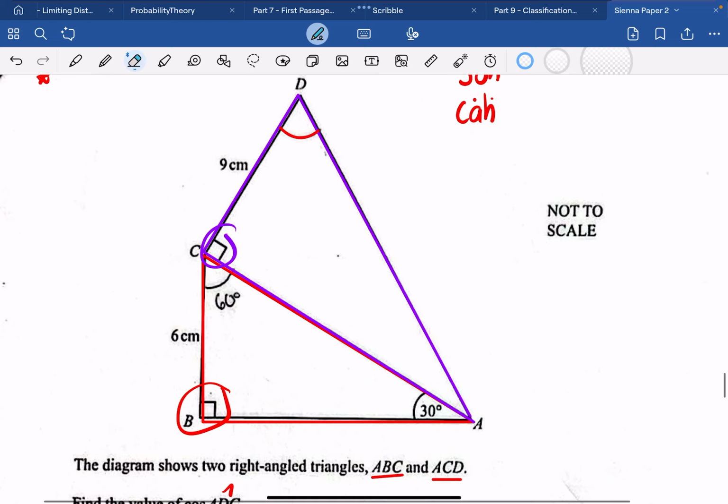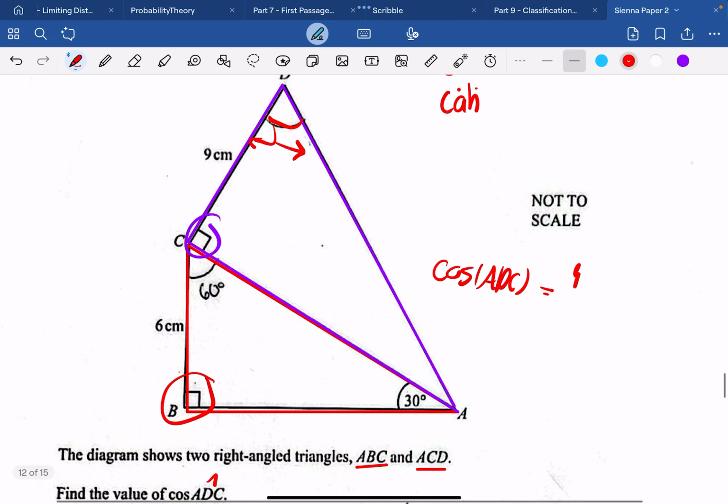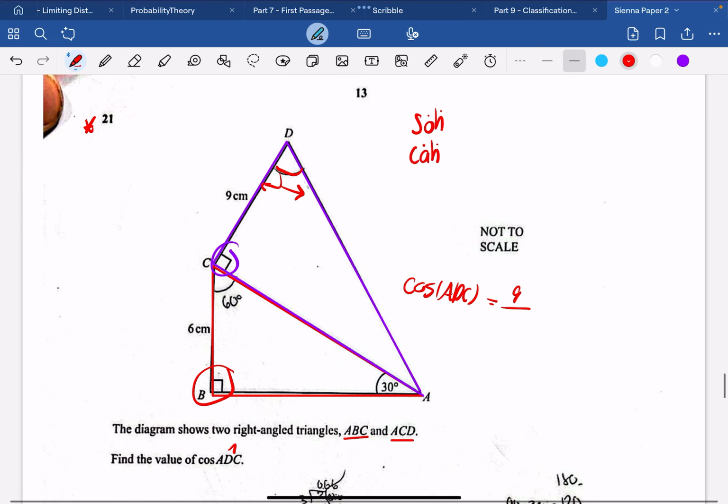So adjacent over hypotenuse, right? So we know cos ADC is equal to 9, because that's our adjacent, over our hypotenuse, which is length AD. But we don't know what length AD is. So that's what we're going to need to find out, aren't we?